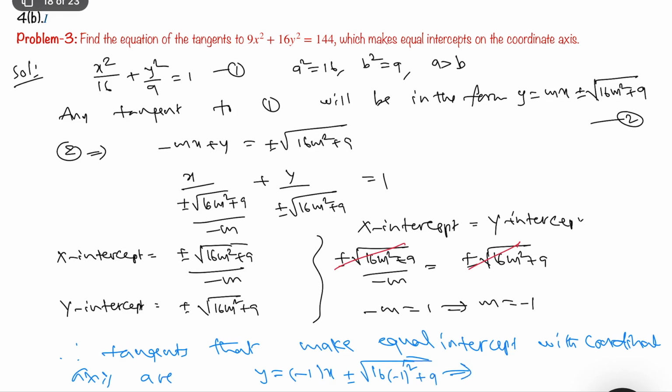This gets simplified to x + y = ±√25, that is ±5. Okay, these are the tangents to the given ellipse which make equal intercepts with the coordinate axes.